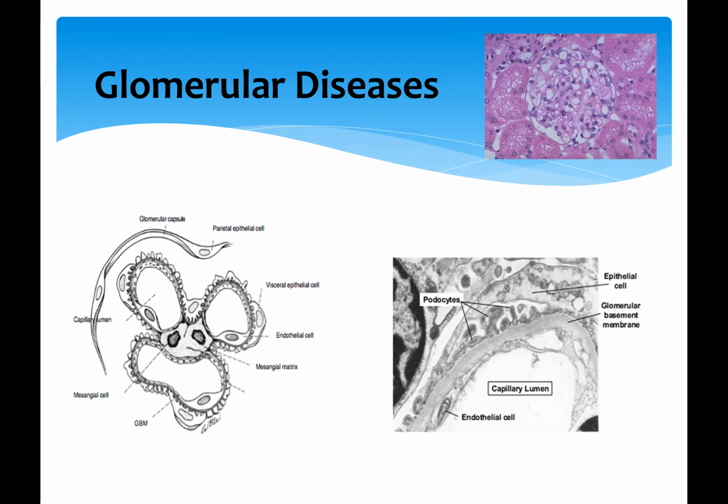You have two types, the visceral and the parietal epithelial cells. So let's take a look at it here again. Podocytes are otherwise known as foot processes. This is an illustration of a normal glomerulus.